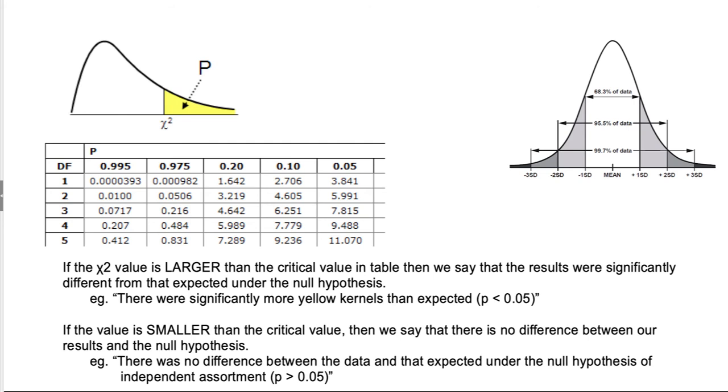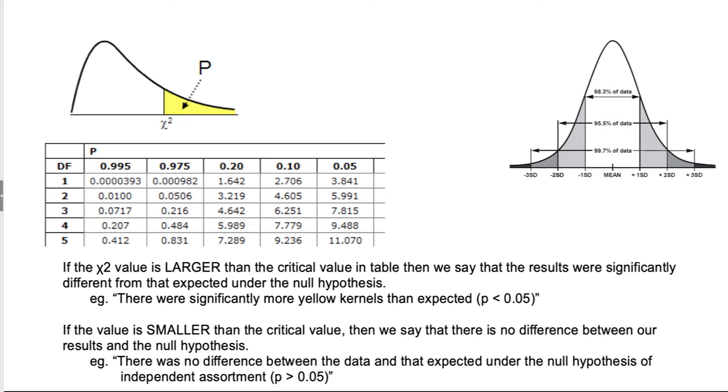Biologists have decided that even though we know we can get those extreme values by chance alone, at some point we have to draw a line and say, well, if our value is very extreme like that, then we're going to say that something interesting is going on, something weird is going on. This coin isn't fair, or segregation isn't happening according to what Mendel predicted.